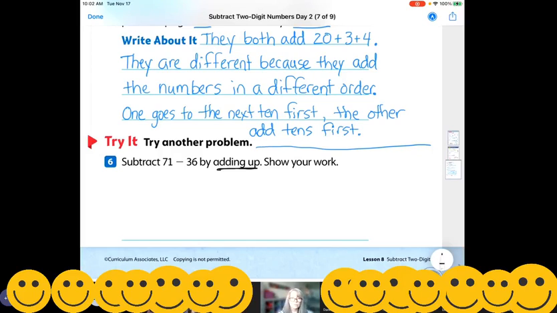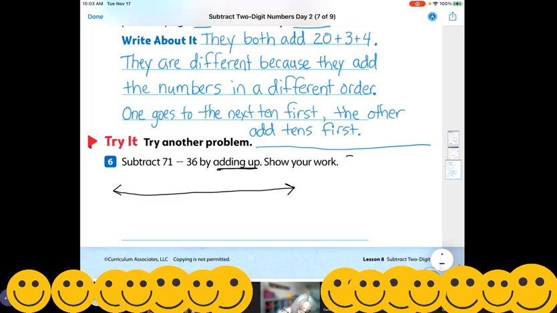Pay close attention. You are going to draw a number line. So we're going to start our number line first. Notice I did not take up the entire paper to do the number line, okay? Since they want us to add up, we're going to switch 71 minus 36. We're going to switch it around and turn it into an addition problem.